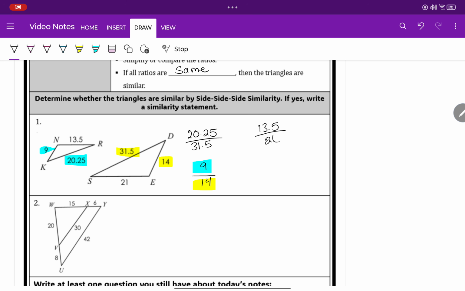So I'm going to simplify all of my ratios and see if I get my same ratio. So 9/14, okay, 9 is divisible by 3 and only 3, but 14 is not divisible by 3, making this my simplest form.